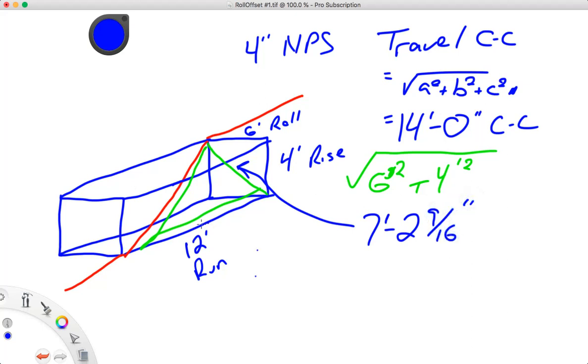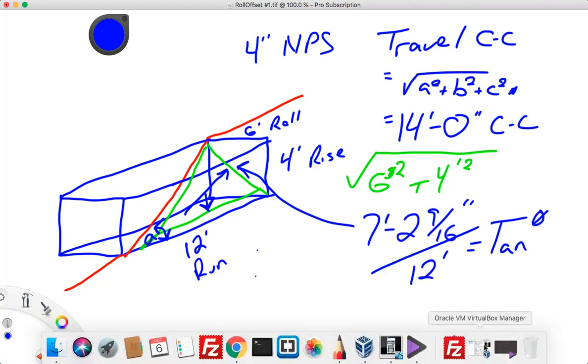Okay, so to figure out what this angle is right here, remember opposite over adjacent. The tangent is equal to the opposite side, which we now know, divided by the adjacent side, which we already had. So we just got to divide that by 12 feet, and that'll equal the tangent of our angle. Okay, let me pull up the calculator.